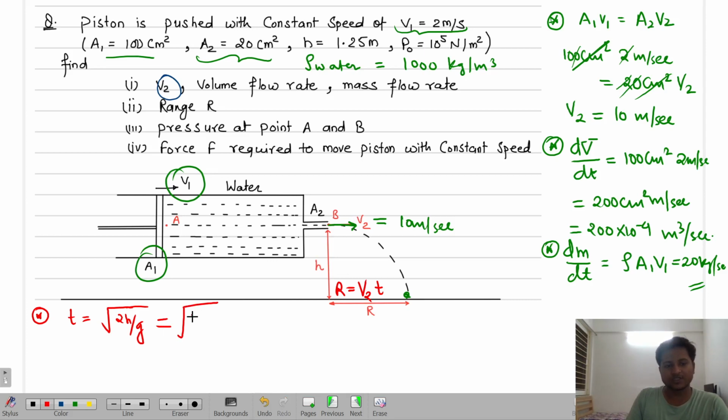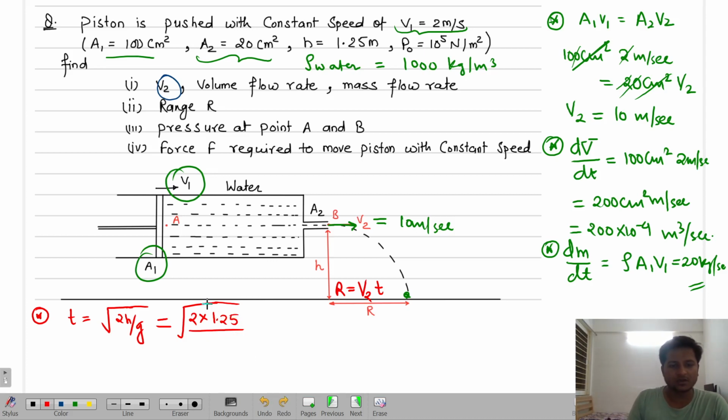So root under twice h by g, twice h is given. How much is that? 1.25 meters divided by g, which is 10. So I can bring it here. This is 125 into... 1 minute, sorry, I made one mistake.